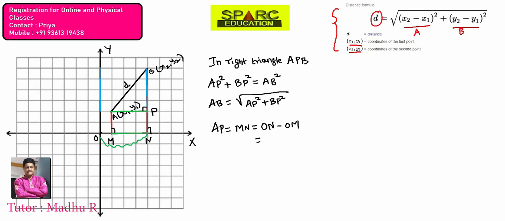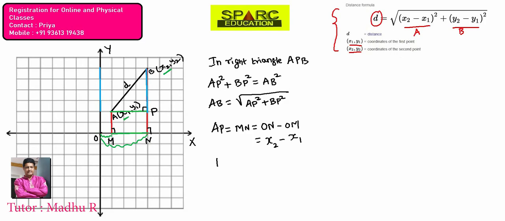From origin, how much you have moved on the x-axis, which is the x-coordinate of the second point. ON will be the x-coordinate of the second point, minus OM, which is how much you are moving on the x-axis. That is the x-coordinate of the first point, x1.